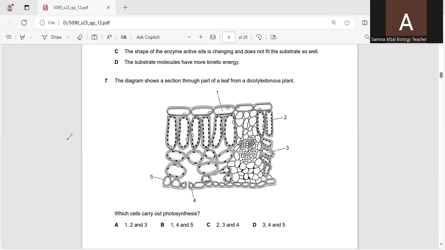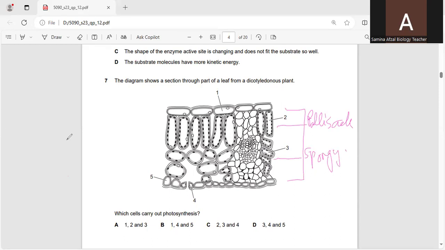In the leaf, there are some parts where photosynthesis takes place, where there is chlorophyll. Here you can see the mesophyll tissues: the palisade mesophyll, and the lower one is the spongy mesophyll. Both of them have chlorophyll.